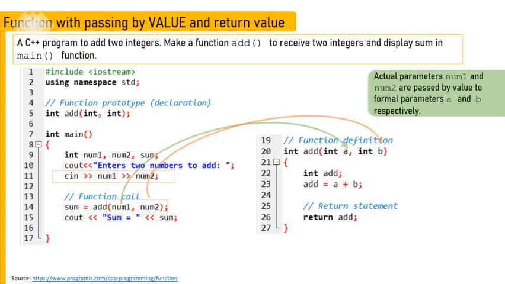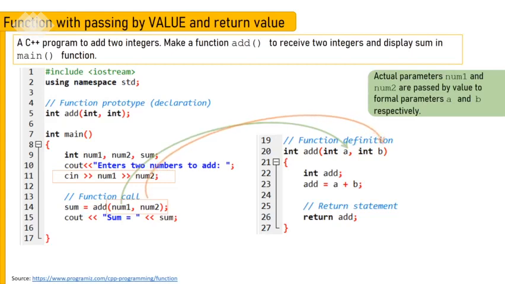Parameters A and B will be added in the function body and the answer stored in variable add. Anyhow, class, add is a local variable in the function definition of add, where the add variable is not a parameter, since add is only a local variable which is not situated in the parentheses.